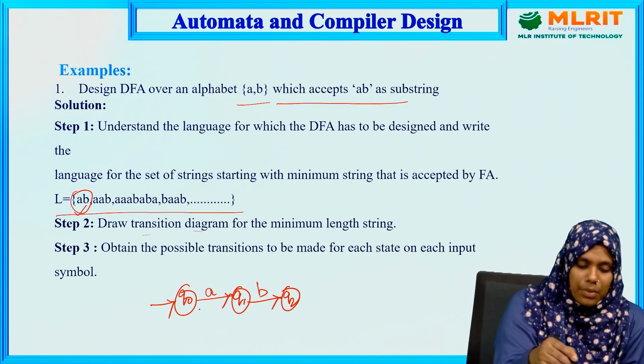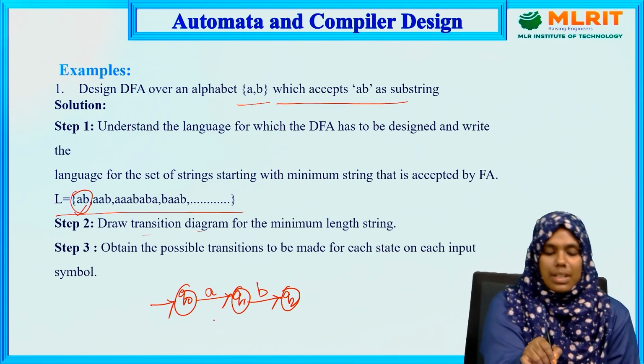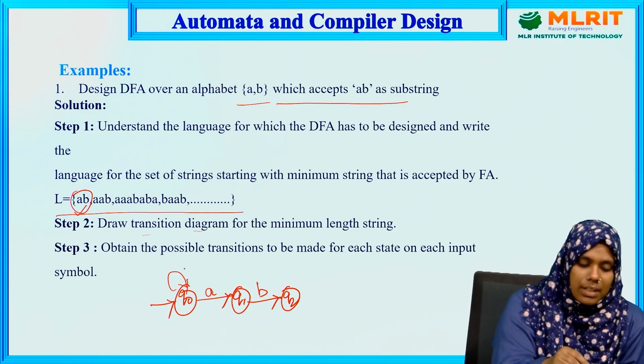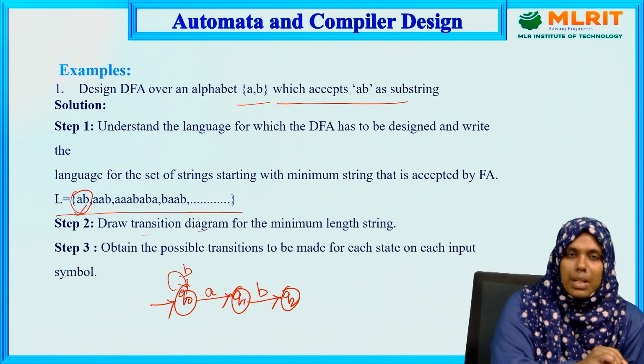We have 3 states. From Q0 we have the A transition, and from Q1 we have the B transition. But what about the other inputs?